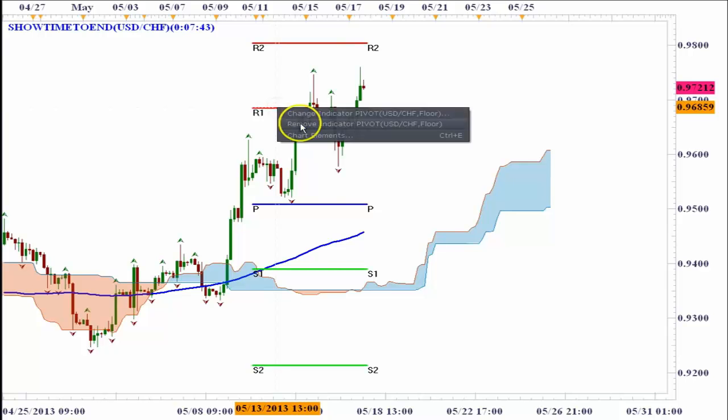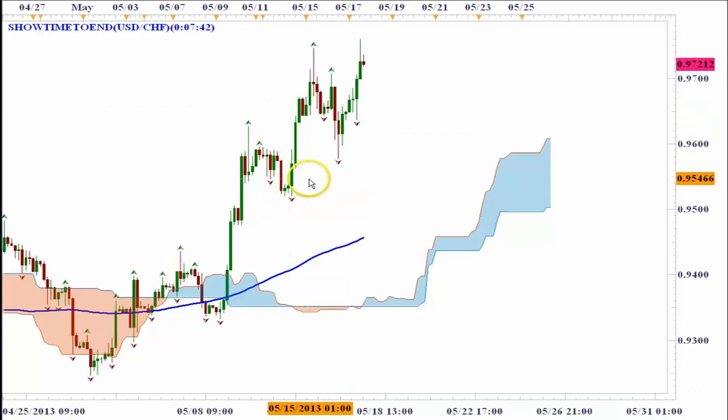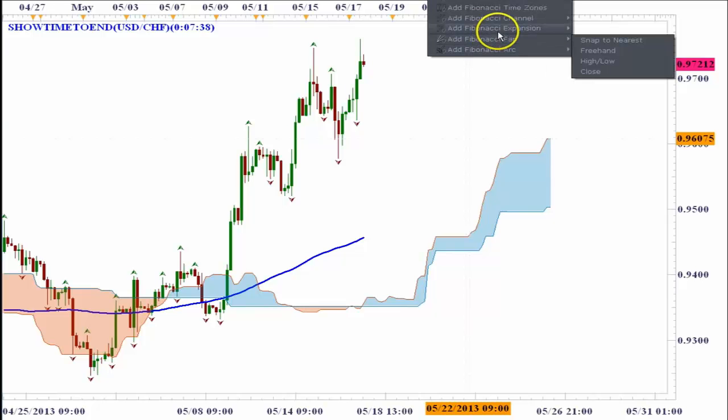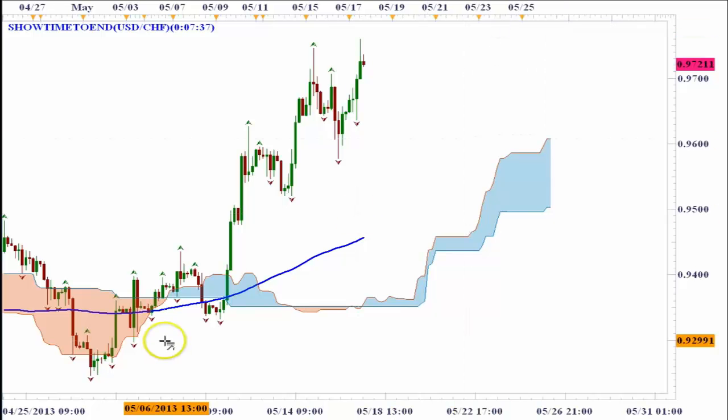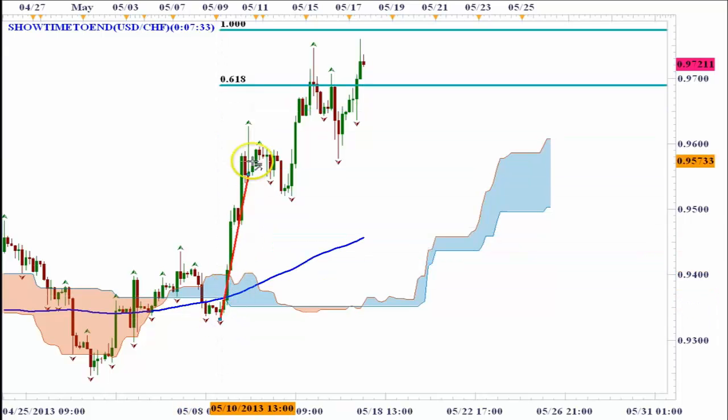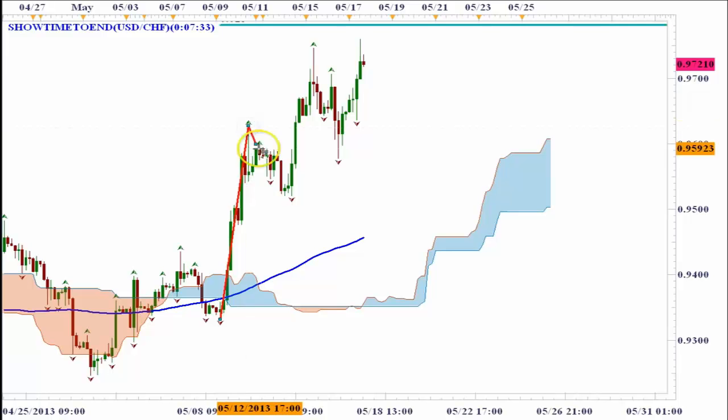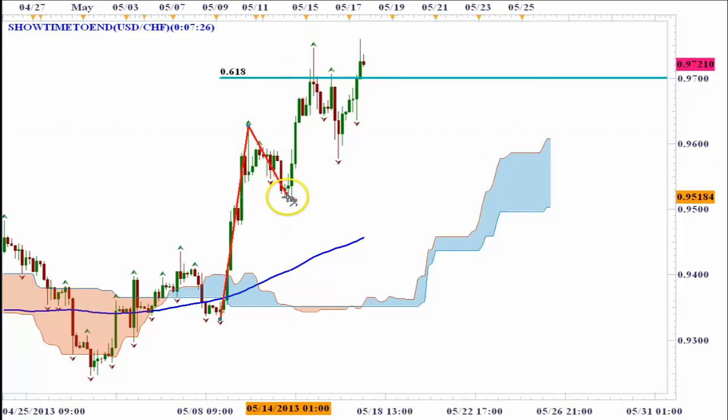And then finally, again, same thing. One last thing that I do, if I have to do anything, my Fibonacci expansions. So this move from here to here to here.